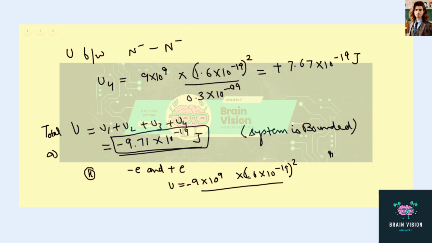R between the proton and electron is 0.0529 nanometer.